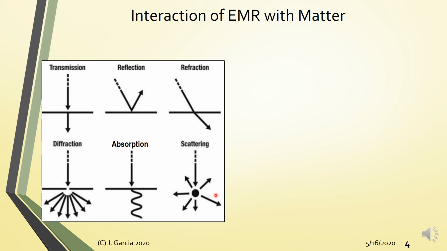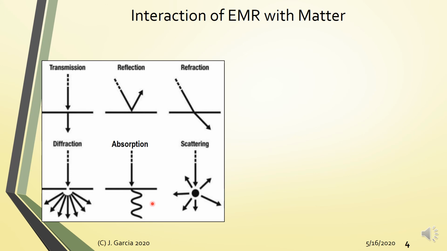Now the scattering of light has many effects. So if there is no change in the energy of the incident light versus the scattered light, you call that elastic scattering, wherein the energy, or the momentum as we say in physics, of the photon is conserved.